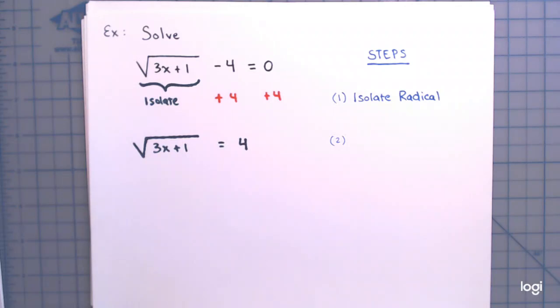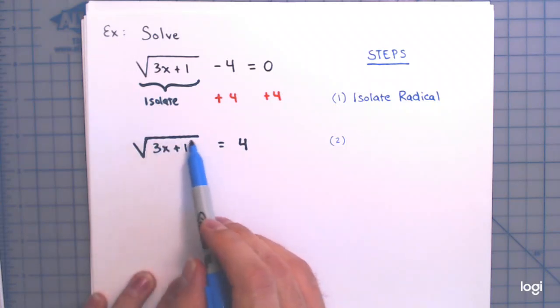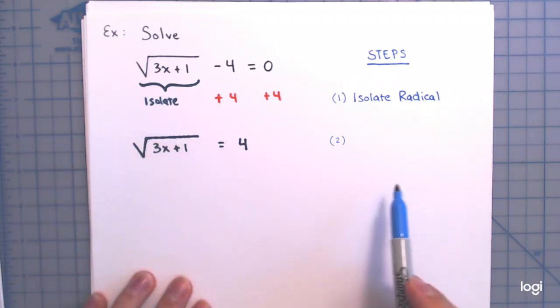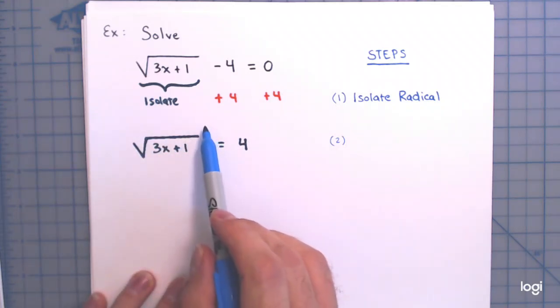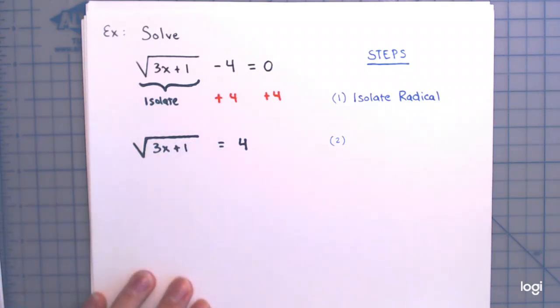Very often you isolate that special symbol and then get rid of it somehow. The way to do that is to remember that when you take an nth root and raise it to the nth power, the root and the power basically undo one another.